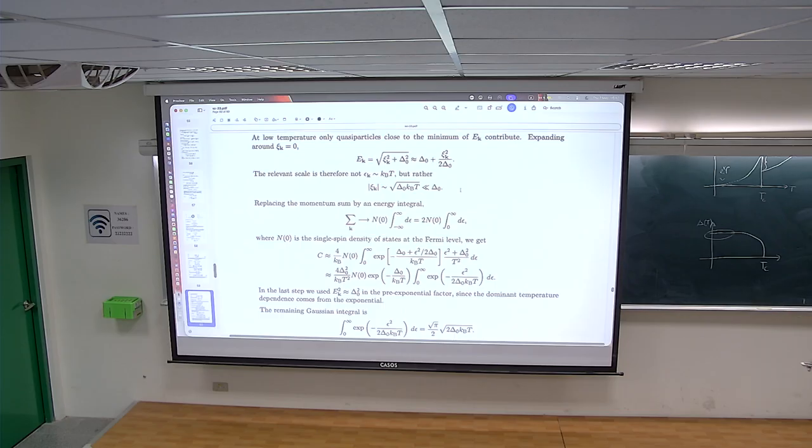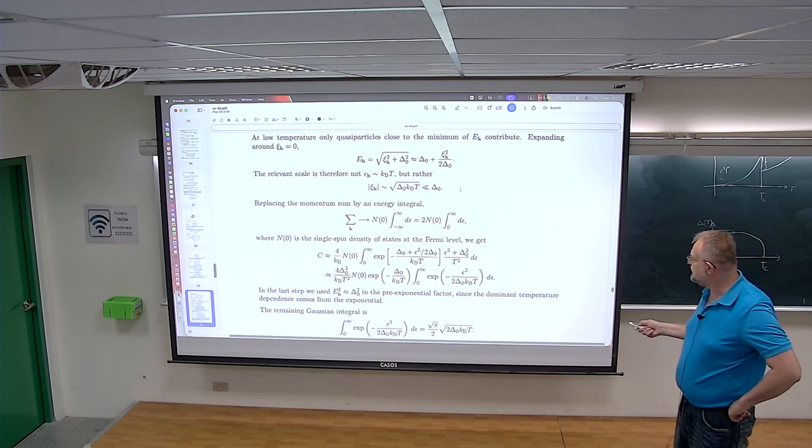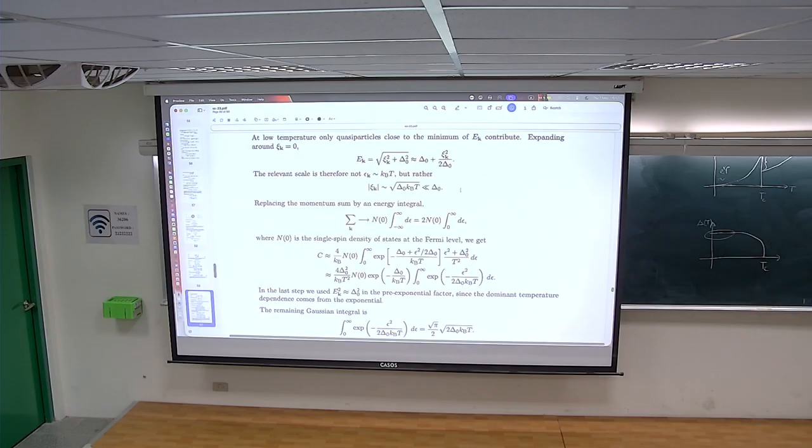So you see many approximations are done around here. At the end you are getting 2 times 2 is 4, the density of states, and you need to integrate this integral. You can take things out, and at the end you are getting some Gaussian. The only non-trivial integral is this exponent and this factor with the exponent, but this is a Gaussian integral which you are able to calculate, and the result is here.